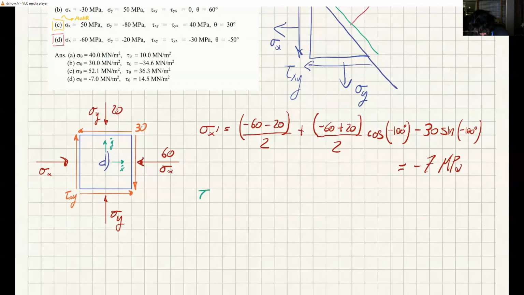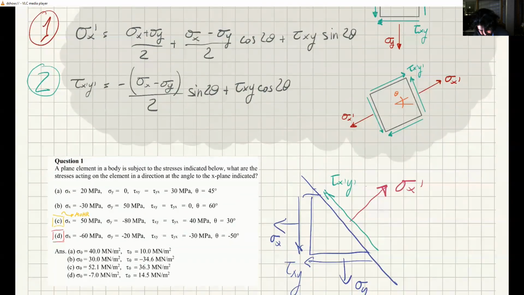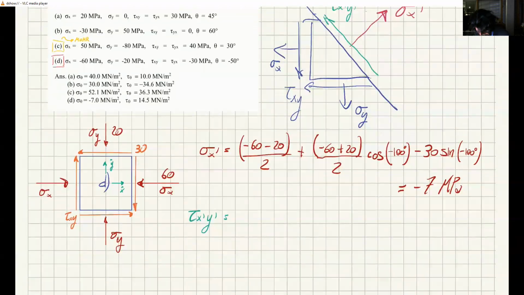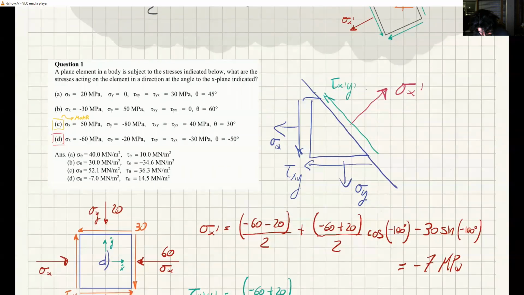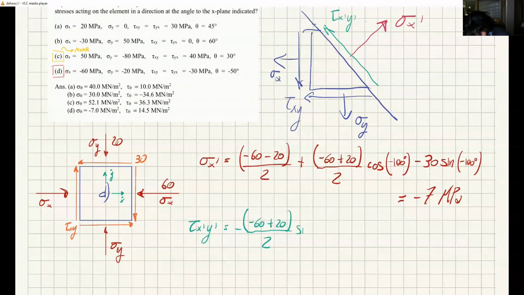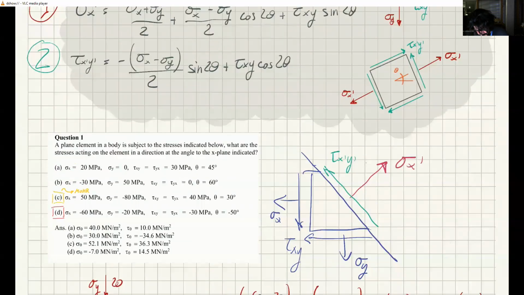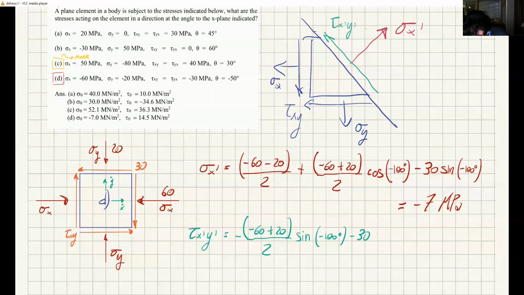We also have tau x prime y prime, which is exactly the same. It's equal to minus this. So it's basically minus this times sine of minus 100 degrees, and it's the same, minus 30 cosine of minus 100 degrees.